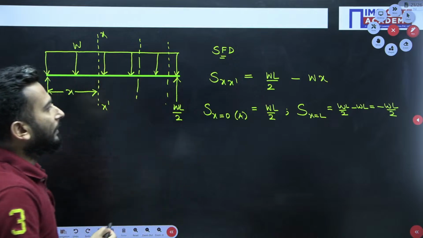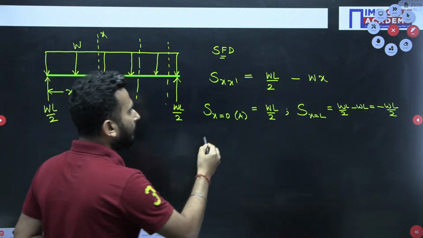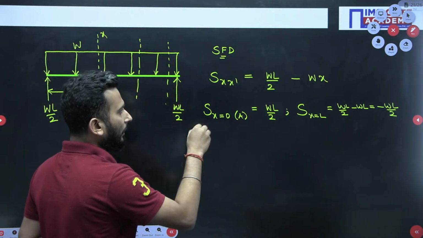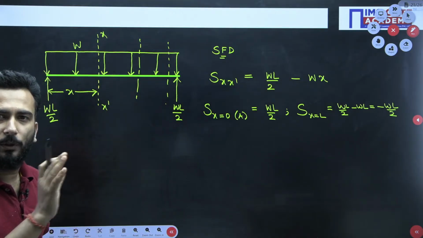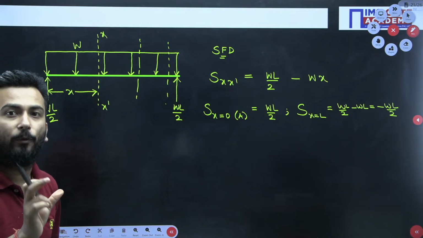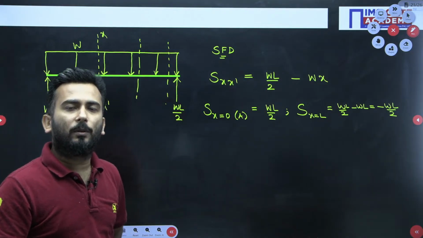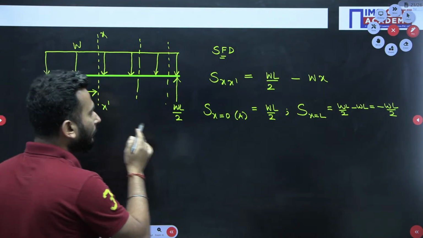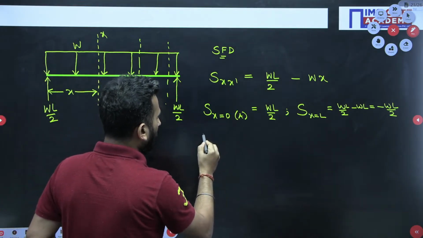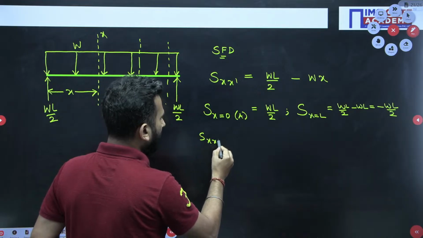And one more thing, first of all, is the shear becoming 0? This you need to find out. And if it is becoming 0, at what distance is it becoming 0? So for Sxx dash equal to 0, WL by 2 minus Wx is equal to 0.